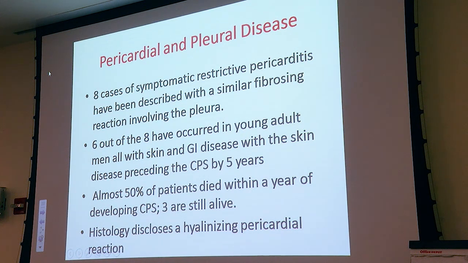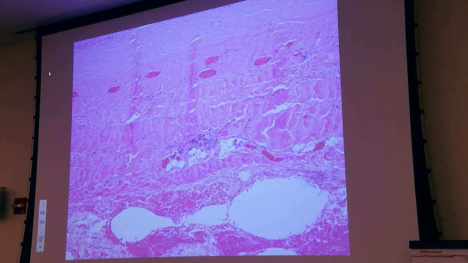And even though their disease may have been quiescent for a period of time, or at least stable, once they developed the cardiopulmonary restrictive pattern, that could be a harbinger of a more aggressive and in some instances terminal course.